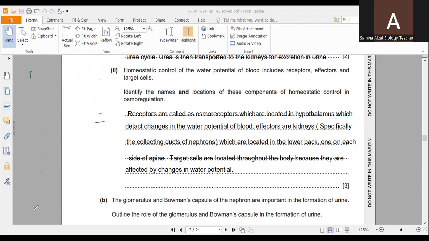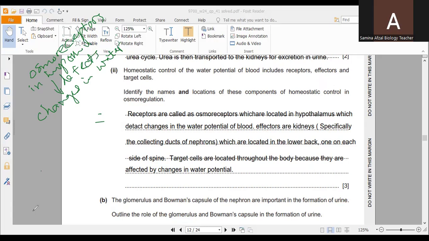Osmoreceptors. How does it take place? How does it work? Osmoreceptors in the hypothalamus detect changes in the water potential.